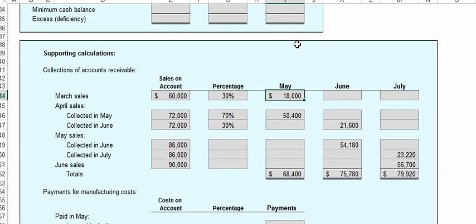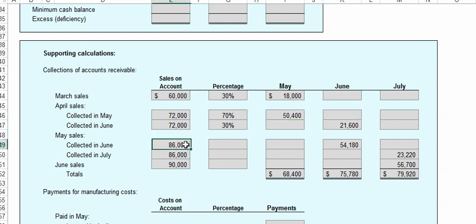That gets us to 18,000 for May. Then April sales, they tell us April sales on account were 7,200 times 70% will be collected in the month following the sale, or May. 30% will be collected in 2 months following the sale, or June.